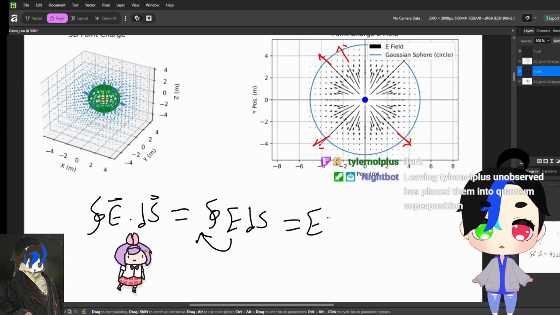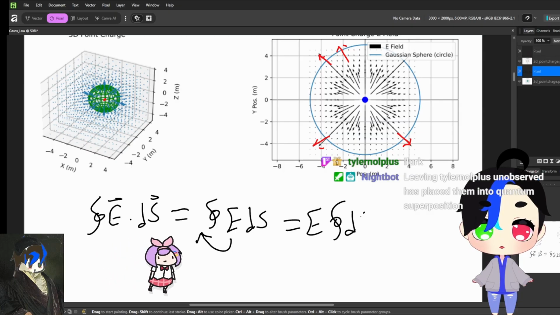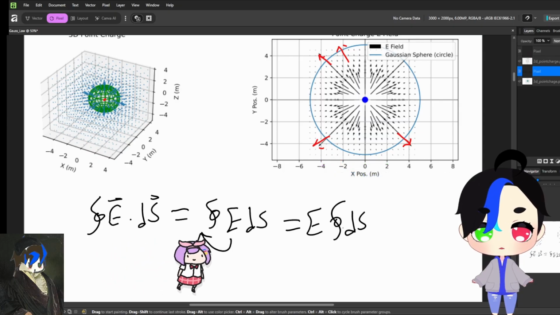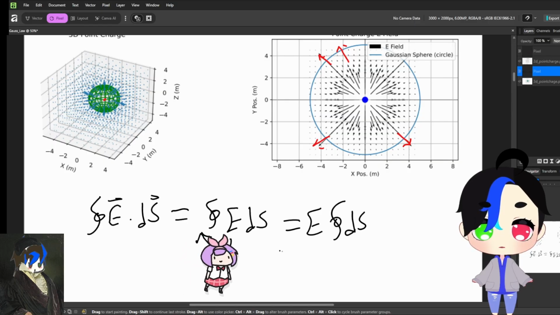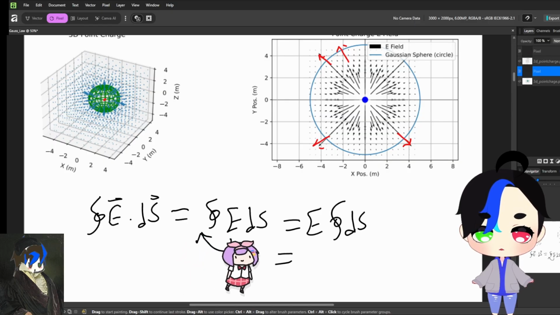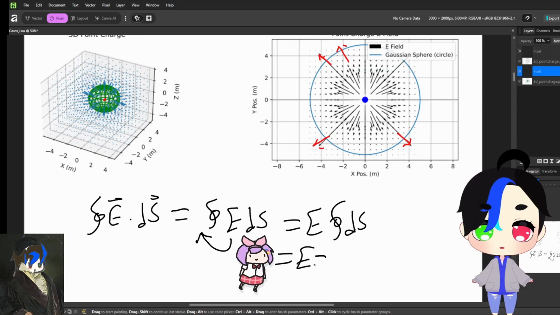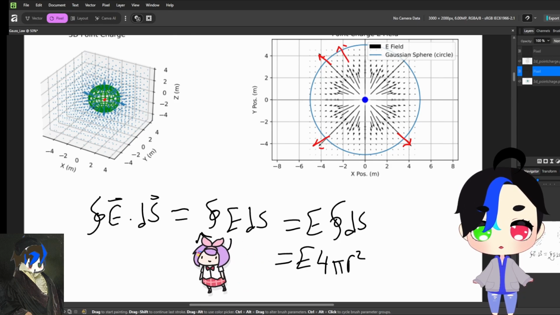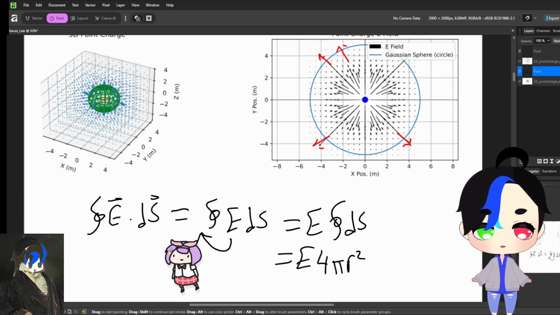I get E times the surface integral of 1, which just equals the surface area of whatever surface you construct. So that equals E times 4 pi r squared, which is just the surface area of the arbitrary sphere we drew.